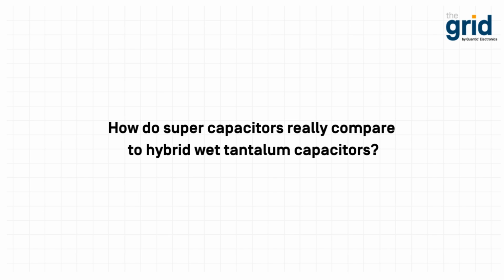A single hybrid wet tantalum capacitor, we can offer about 65, 66 millifarads at 50 volts in one capacitor. So to meet that 100 millifarad requirement, you could connect just 2 hybrid wet tantalum capacitors in parallel, and we'd actually exceed the capacitance rating of 10 of those 1 farad supercapacitors connected.